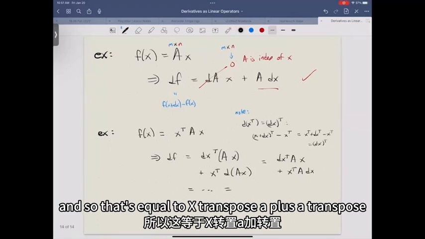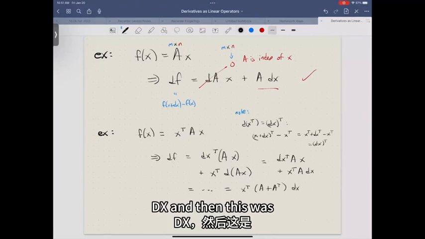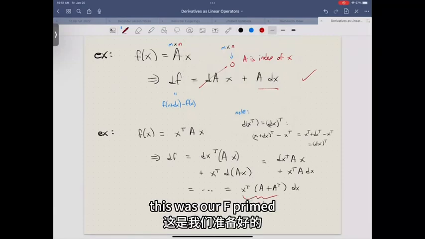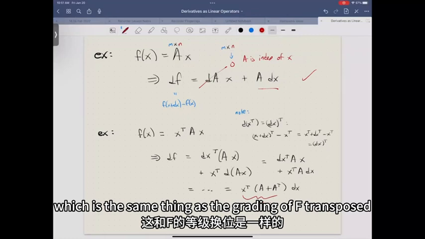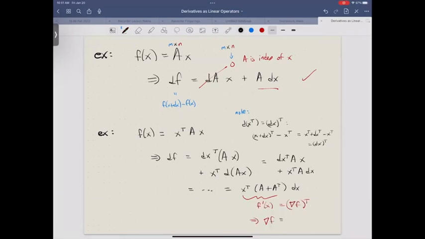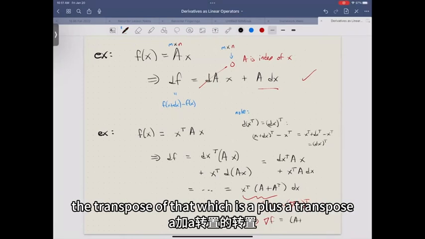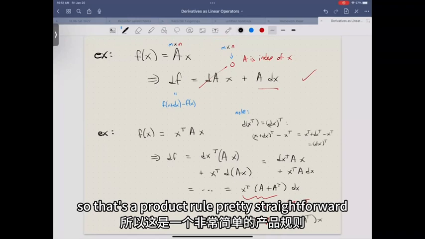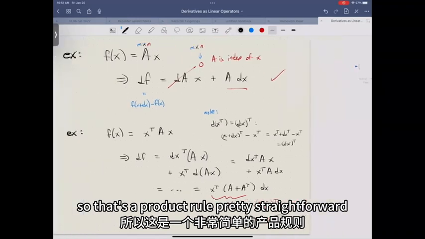So that's equal to x transpose A plus A transpose dx, and then this was our f prime of x, which is the same thing as the gradient of f transposed, right? So which therefore means that the gradient of f is equal to the transpose of that, which is A plus A transpose x, right? So that's the product rule, pretty straightforward, right?